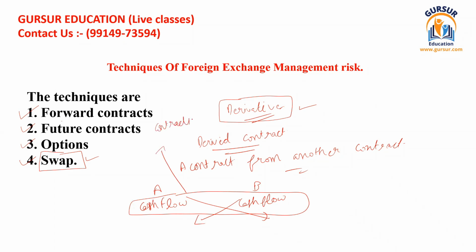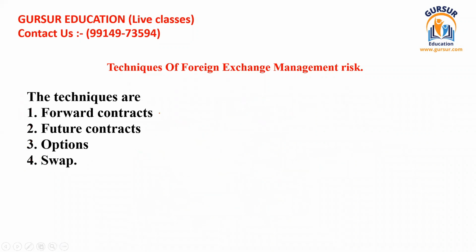Maybe A and B both have taken some kind of loans from some banks. In those loans, A has to pay interest and B has to pay interest, obviously. If they are making a contract of exchanging their interests, then this is known as a derivative contract. Why? Because this was not actually the original contract. This contract emerged from some other contract, and that contract is the actual loan. So this is how a derivative works. Derivative simply is a contract from another contract.